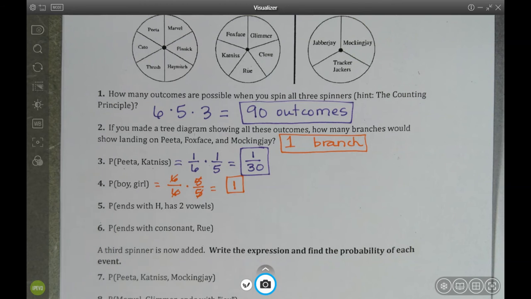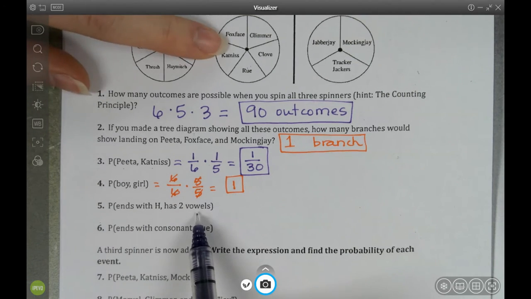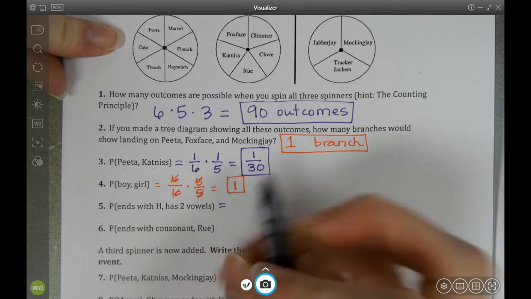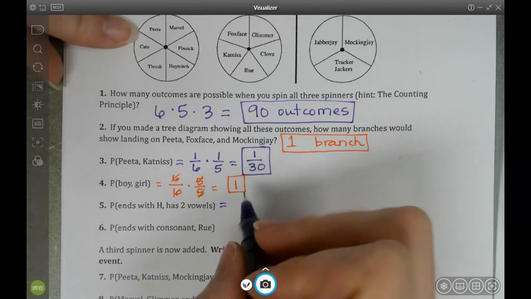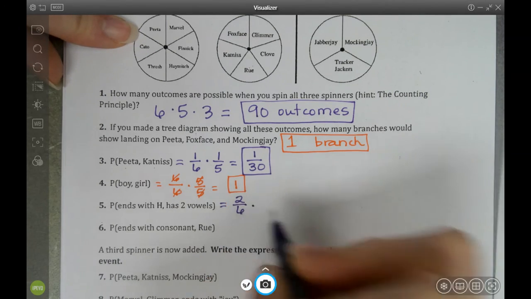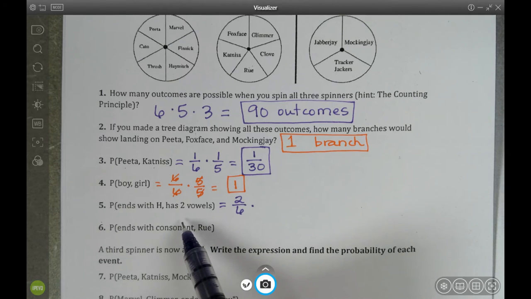Okay. What's the probability that the first name ends with an H and the second name has 2 vowels? Okay. So look on here. How many of these names end with an H? 2 out of 6. What's a vowel? A, E, I, O, or U. We're not worried about Y because none of these have a Y. Exactly 2 vowels.